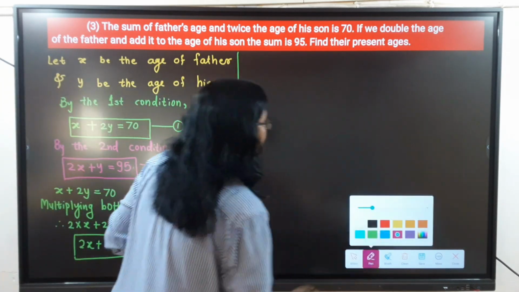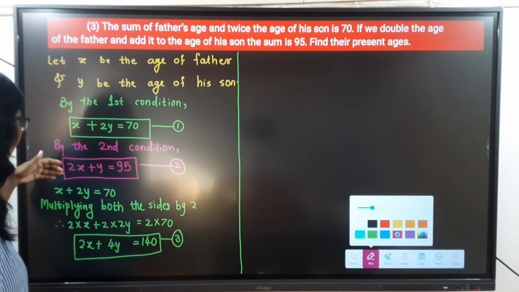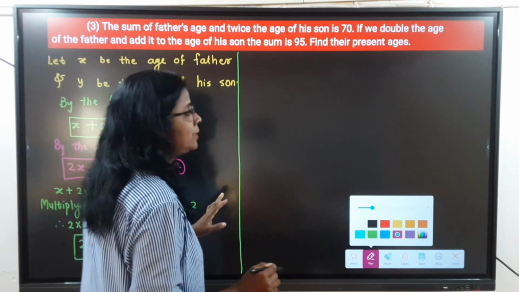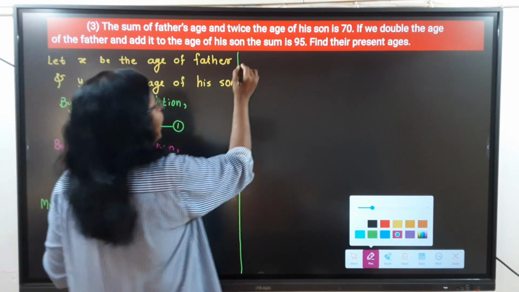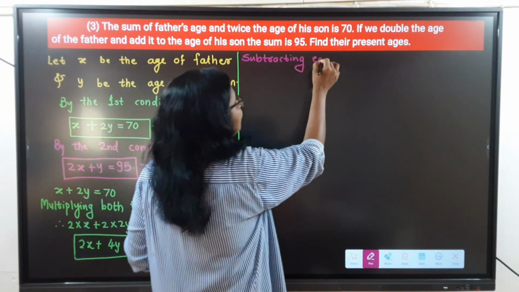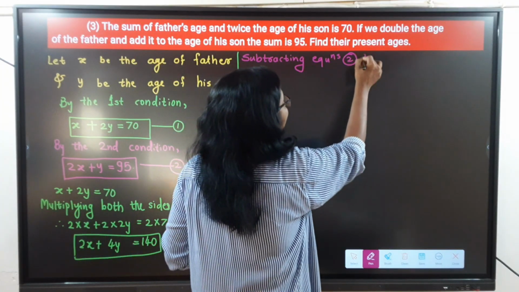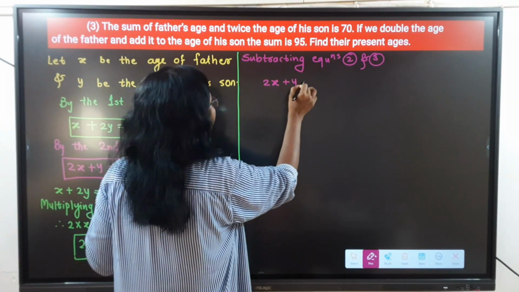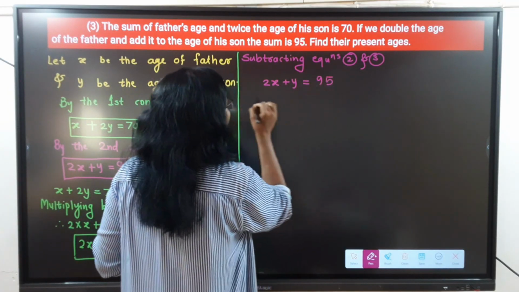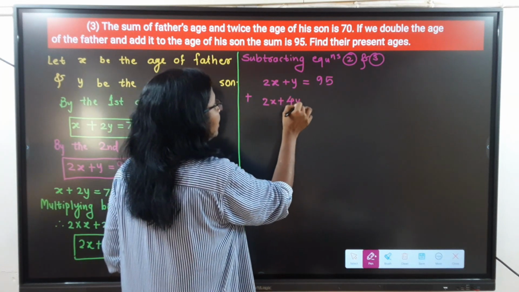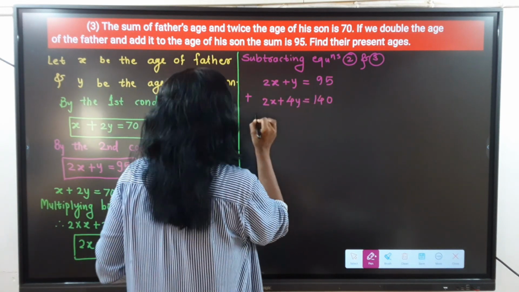Then next, we have the second and third equations. Observe carefully the 2x and 2x. In these equations 2x is similar. So subtracting equations 2 and 3: 2x plus y is equal to 95, and the third equation 2x plus 4y is equal to 140.